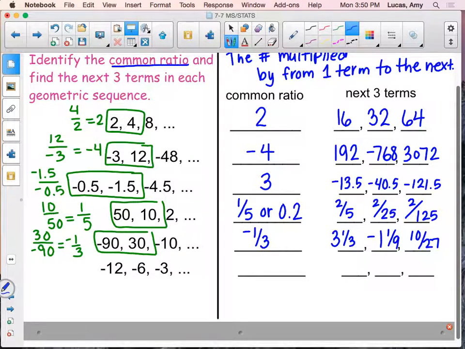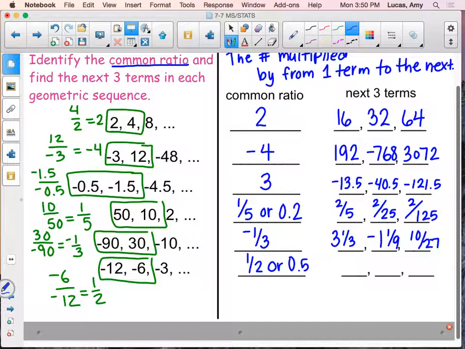And our last problem, negative 6 divided by negative 12. So every time I'm taking the second term and dividing it by the first, gives me positive 1/2. So 1/2 or 0.5.